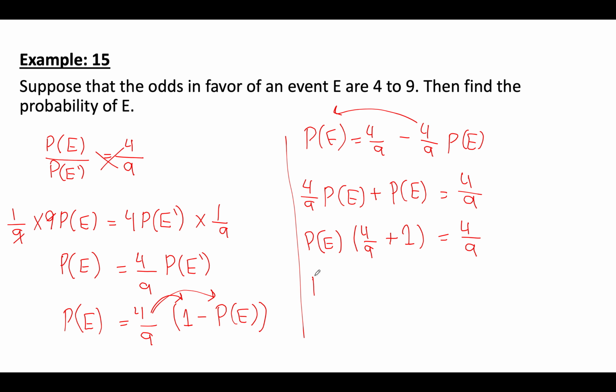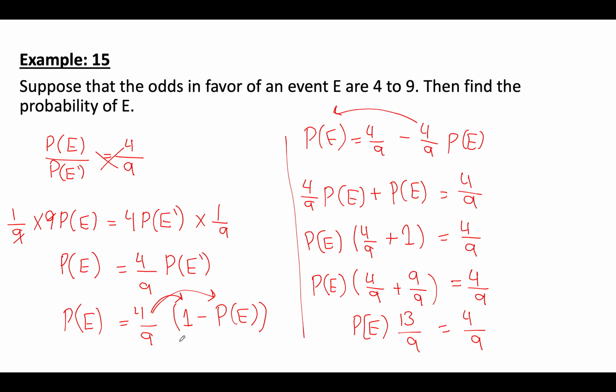So we get that the probability of E is multiplied by 4 over 9 plus 1, and in order to add this one to those, we just need to multiply up and down by 9. So we get 9 over 9 plus 4 over 9. Adding together gives me the probability of E times 13 over 9 equal to 4 over 9.